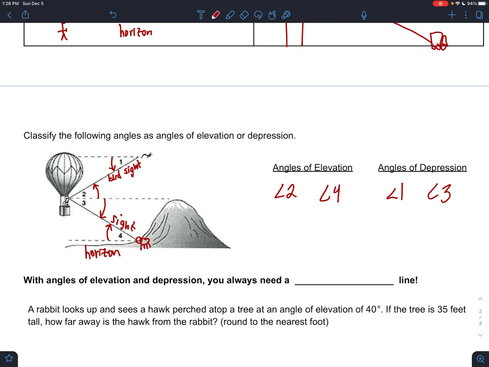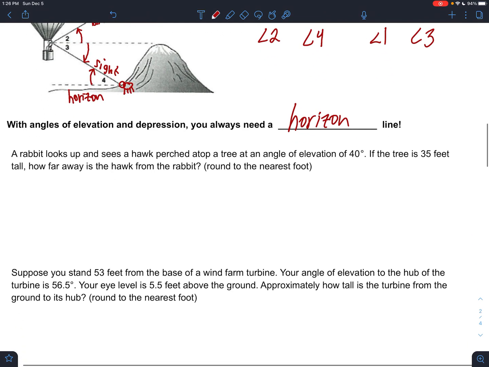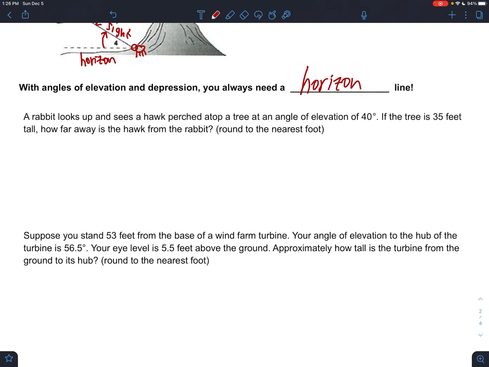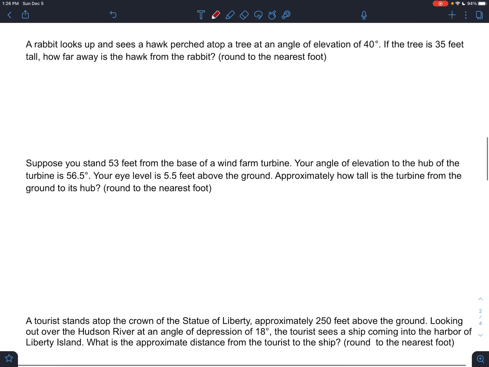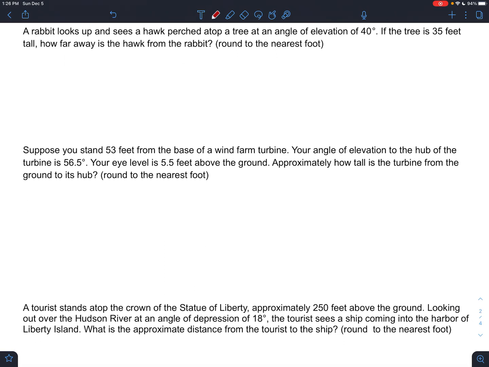So that cow is looking up, which means it must be an angle of elevation. Okay, so I can't stress it enough. We need to be drawing those horizon lines. Okay, let's solve some practice problems, and then you'll have the homework to also practice, and the answers to all of that are online too. All right.